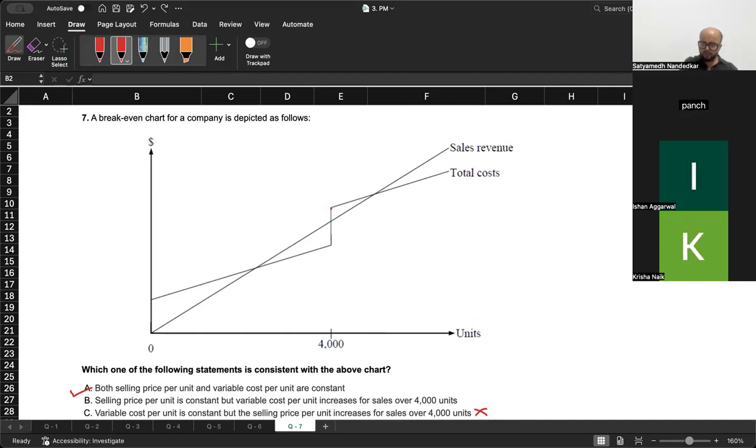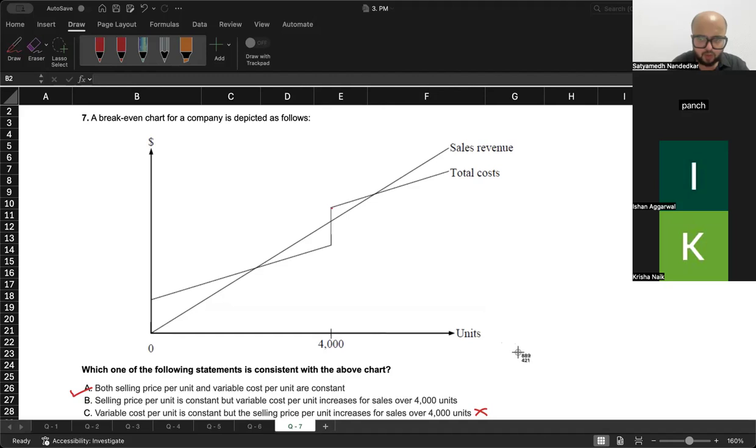There was a jump here, but again the direction continued, right? The slope of the line remained the same. So variable cost per unit in this case has remained constant. Fixed cost has changed, of course, no doubt about that.